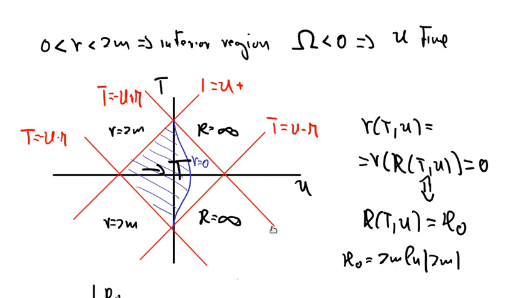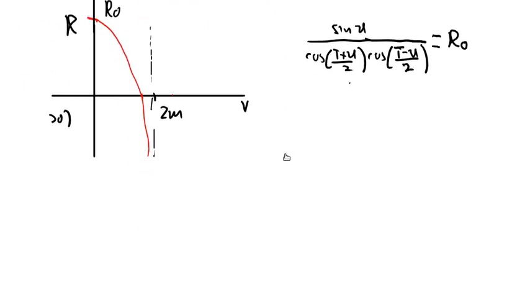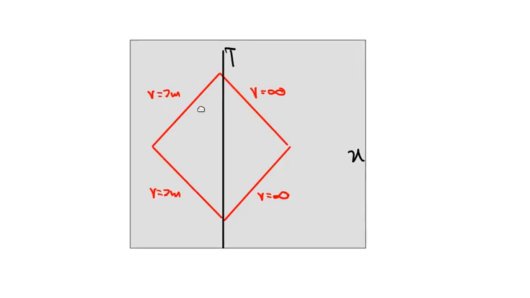Let us summarize and draw the Penrose diagrams of both regions, the exterior region and the interior region. I'm just going to paste in the Penrose diagrams which we obtained.